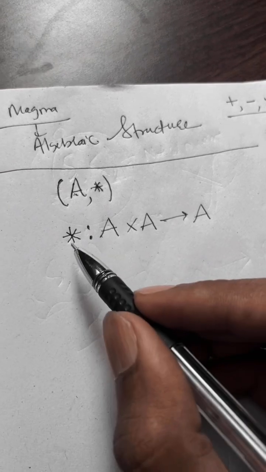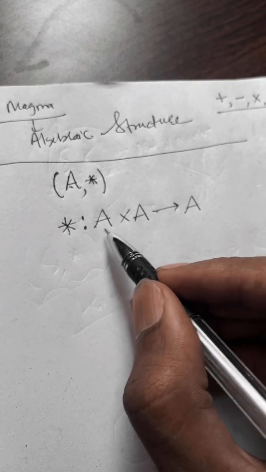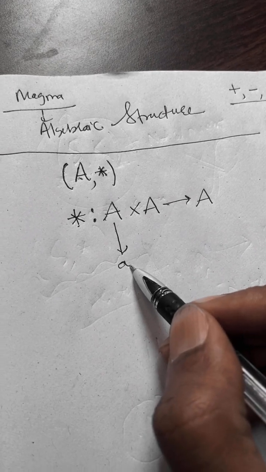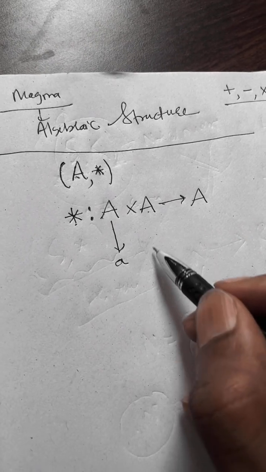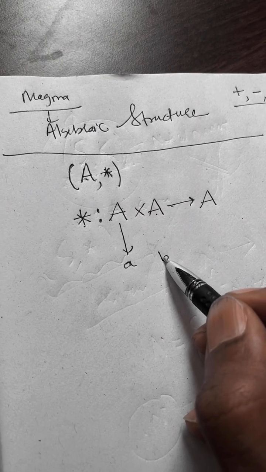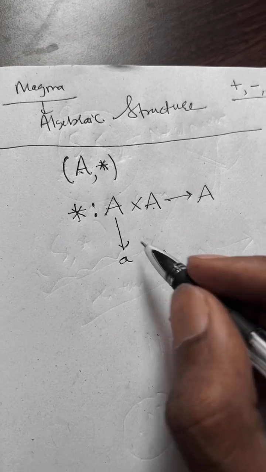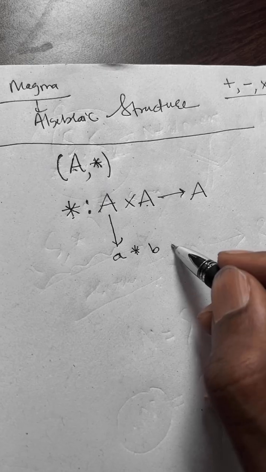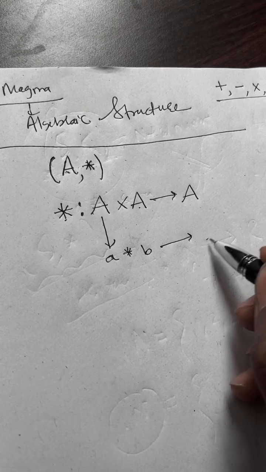This binary operation is going to take one element from here, let's call it a, and one element from here, that is b, and in between, this operation will function. So a star b, and it produces a result that goes in A.